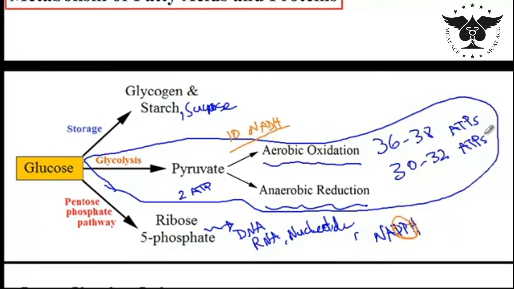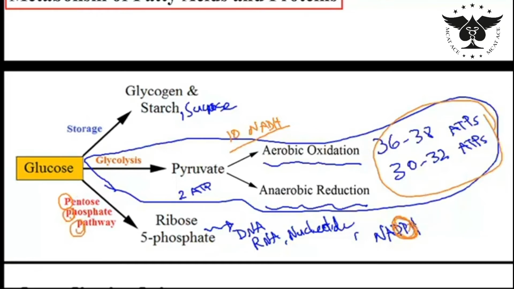NADH is used for energy production or ATP, adenosine triphosphate, production, while NADPH is used for different biosynthetic pathways. So that's one point I'd like you to pay attention to. And if you'd like to remember that the pentose phosphate pathway is associated with NADPH, you can always think of the pentose phosphate pathway as associated with production of NADPH.